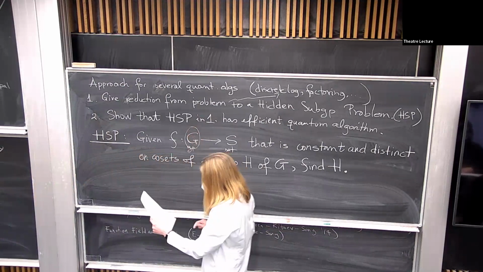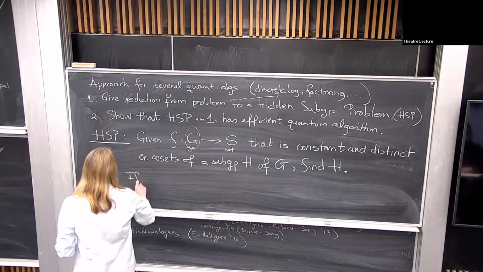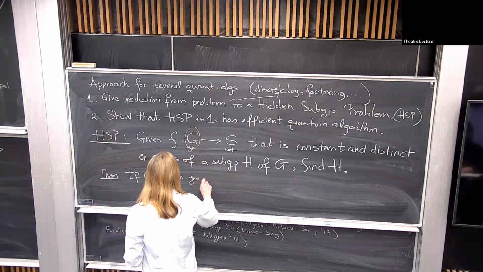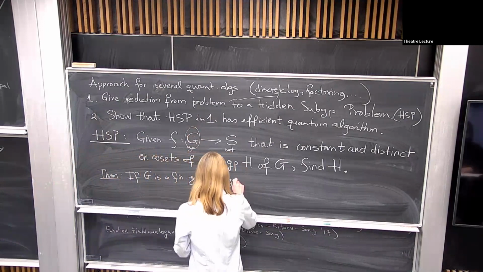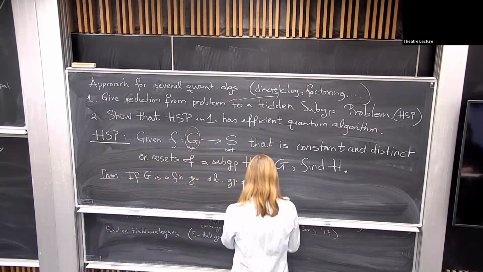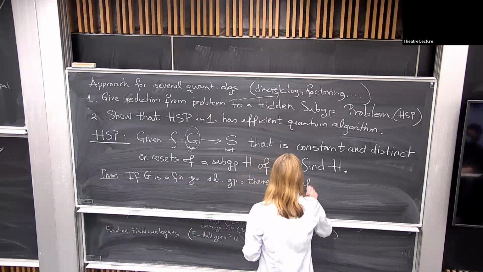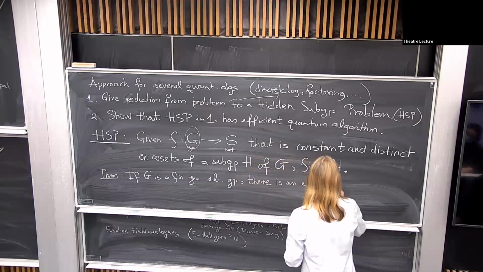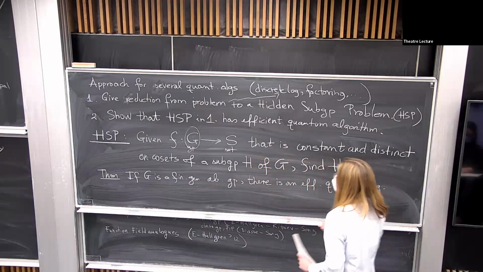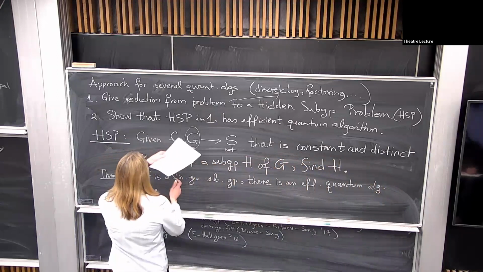So in particular, if G is a finitely generated abelian group, you can show there is an efficient quantum algorithm for the hidden subgroup problem for G.